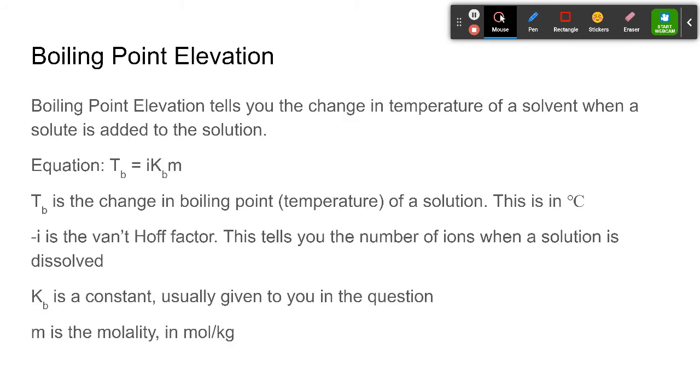The next concept we talk about is going to be the boiling point elevation. This is basically the exact same thing as freezing point depression, except boiling point elevation relates to how the boiling point changes. So our boiling point elevation tells you the change in temperature of a solvent when a solute is added to solution.